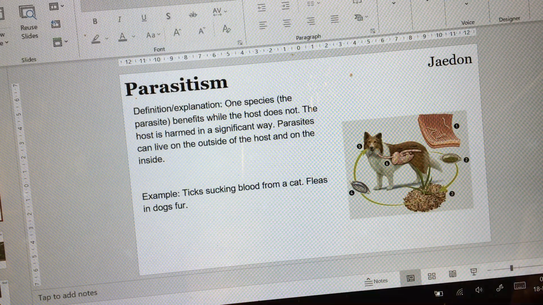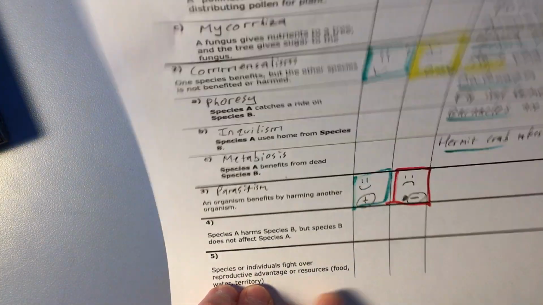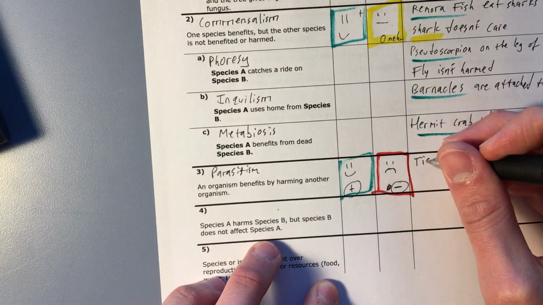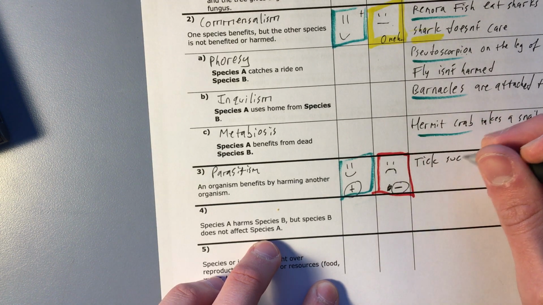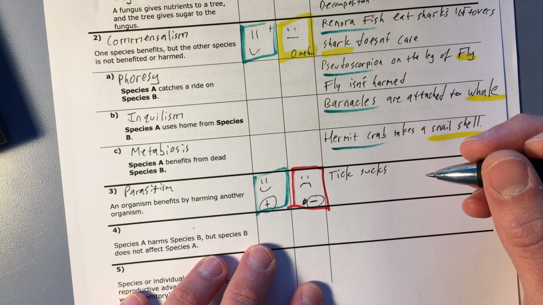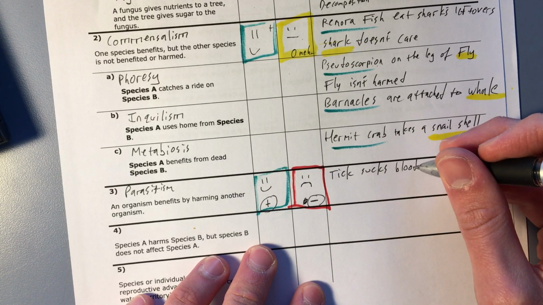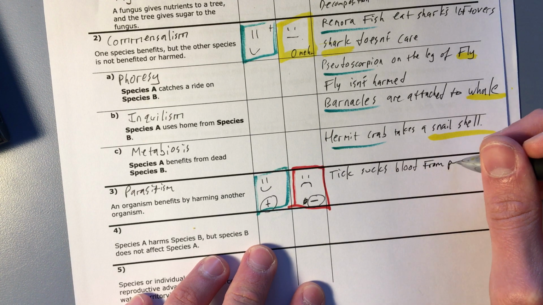The tick gets the blood, which is what it needs for its energy, because it's a sanguinivore. But the human might get Lyme disease from that. Or tick-borne encephalitis. So the tick sucks blood from a person.